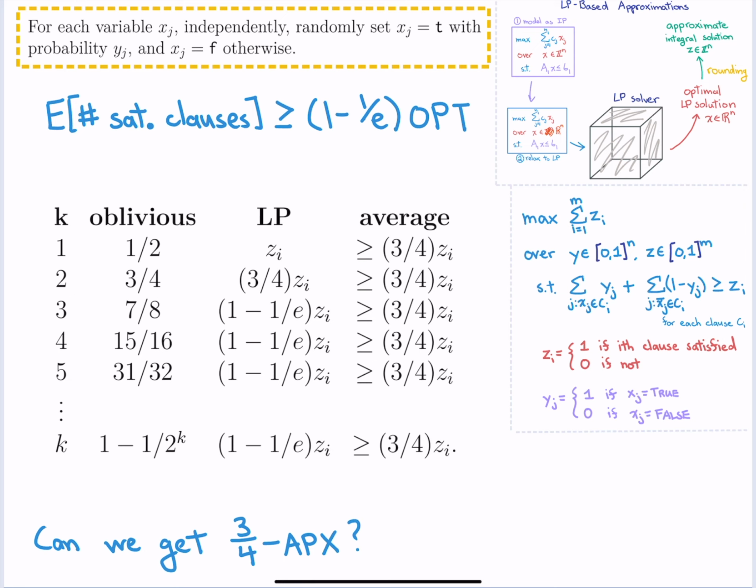Okay, so if I took the average of 1/2 and 1 for each one, how would I analyze that?